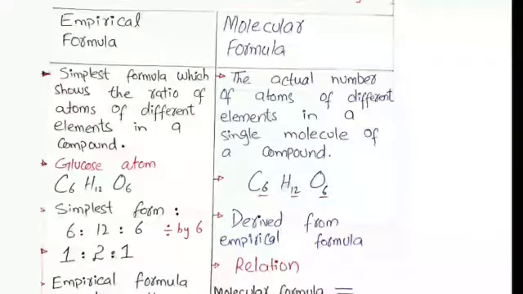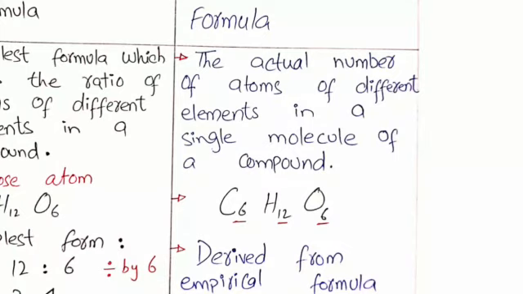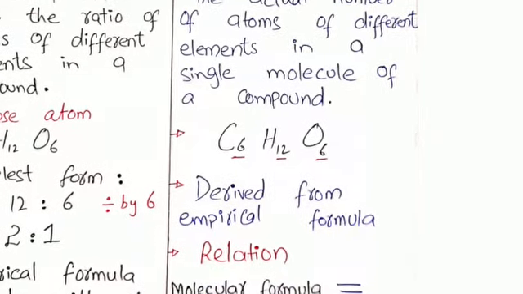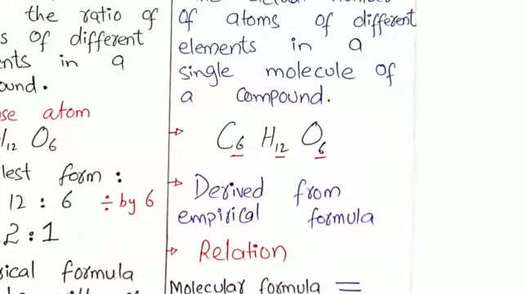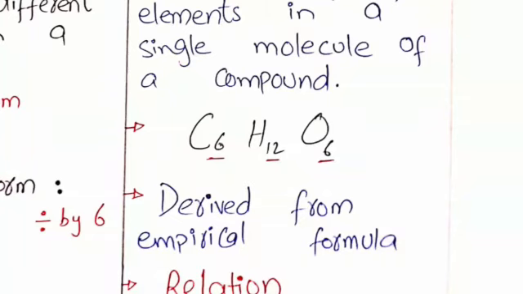Molecular formula. Molecular formula tells us the actual number of atoms of different elements in a particular molecule of a compound. Now 6, 12 and 6 in that glucose compound shows the actual number of atoms in glucose molecule.